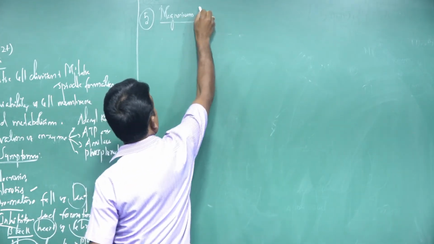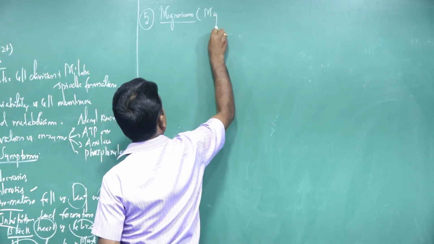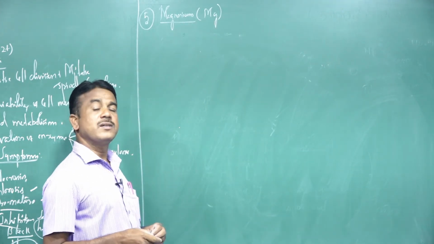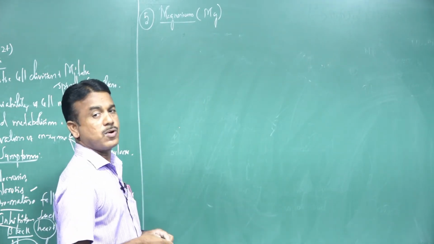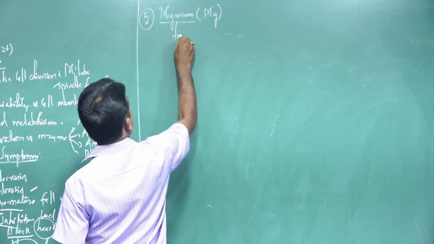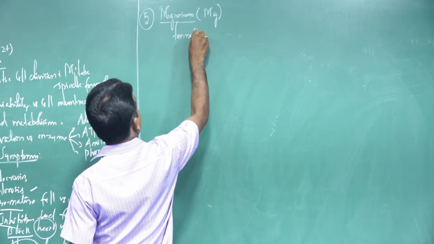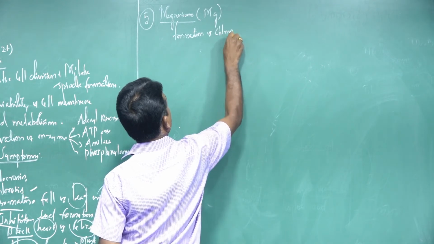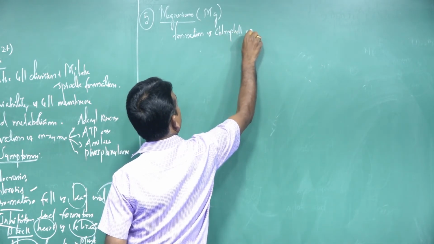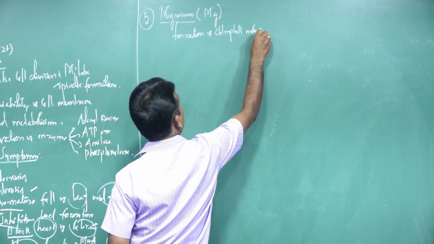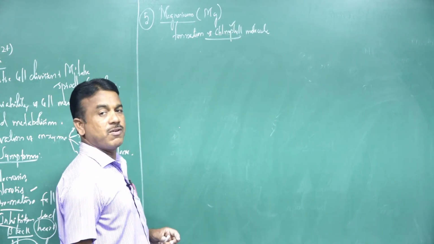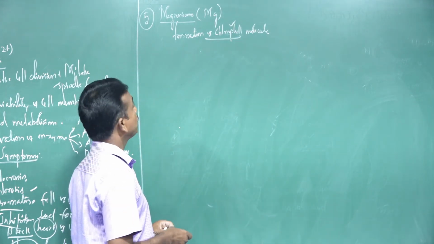The chemical symbol is commonly called Mg. Magnesium is an essential component in the formation of the chlorophyll molecule. Without magnesium, there is no formation of chlorophyll molecules.